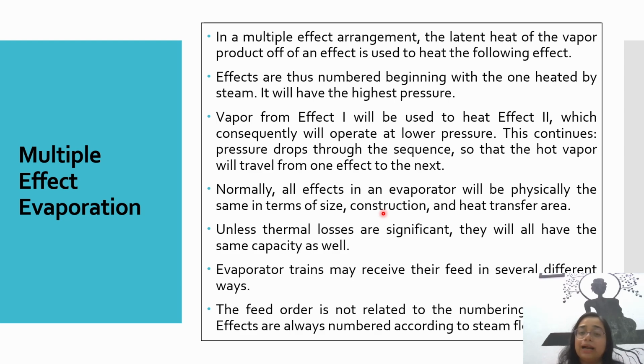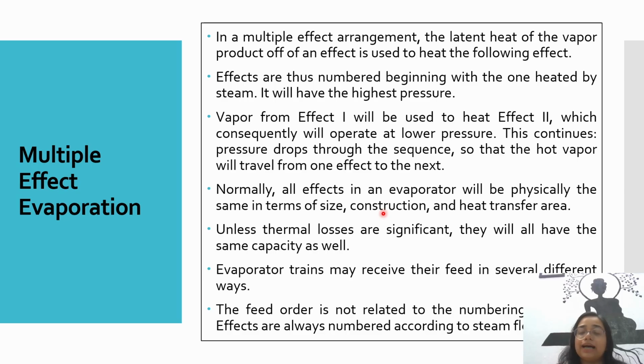And in case of the multiple effect evaporation, one thing needs to be considered, that generally all the evaporators will be physically the same. That means in terms of size, construction material, and heat transfer area, all these things will be maintained constant in a multiple effect evaporator.